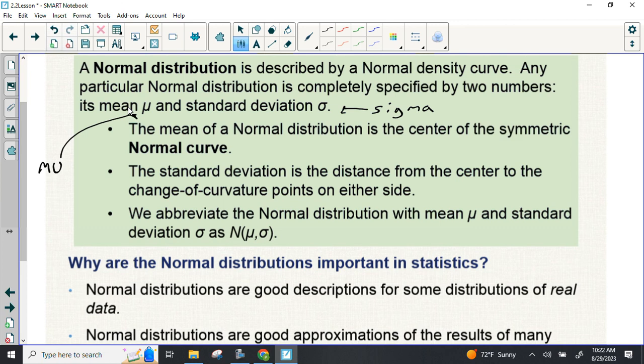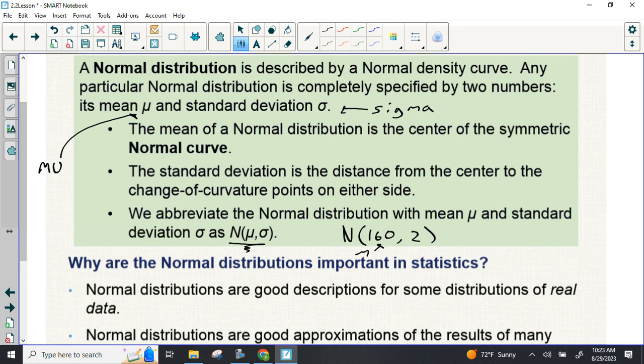Mu is mean. And you also saw me represent it in this way if we're talking about a normal distribution. If I was to write that something is normally distributed, with a mean of 160 and a standard deviation of 2, it's understood automatically. We won't write mu or sigma here.